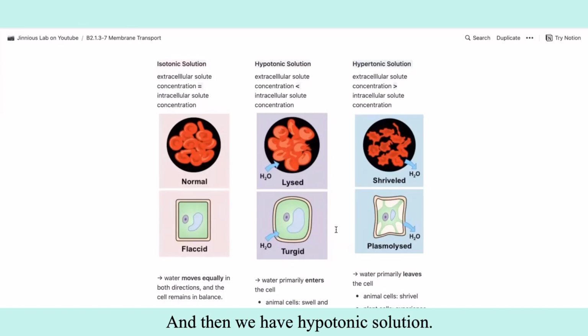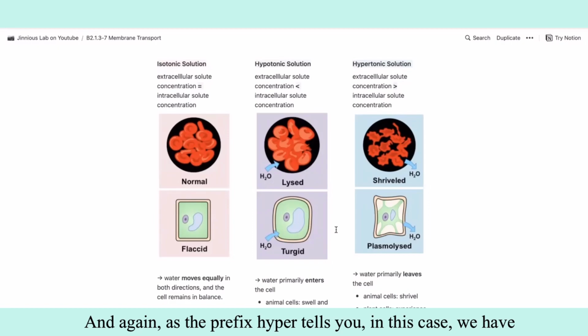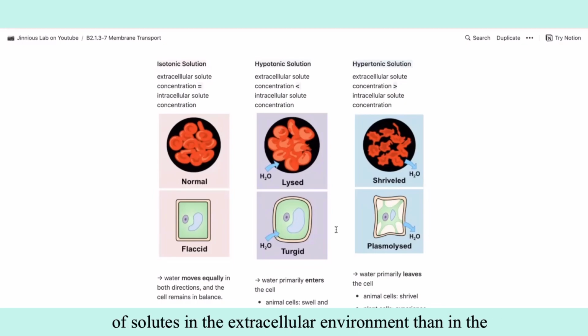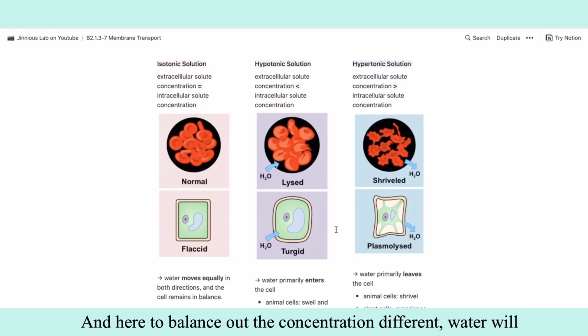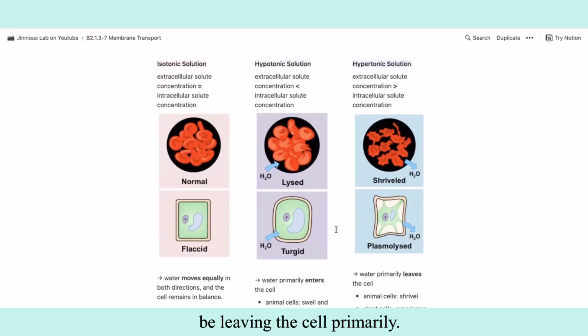And then we have hypertonic solution. Again, as the prefix hyper tells you, in this case, we have a higher concentration of solutes in the extracellular environment than in the intracellular environment. To balance out the concentration difference, water will be leaving the cell primarily.